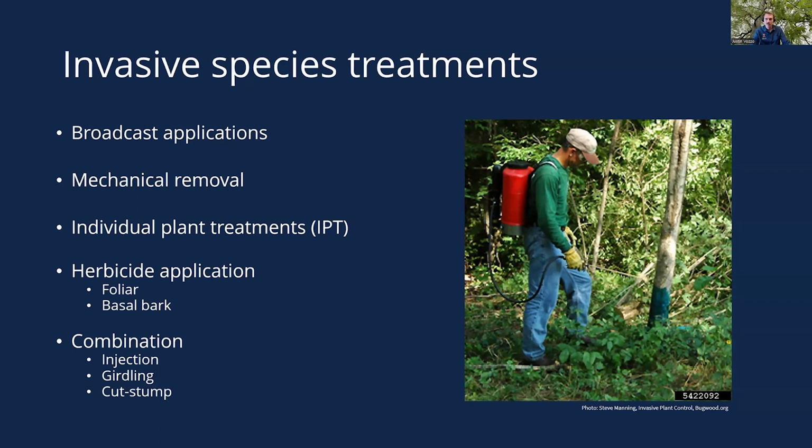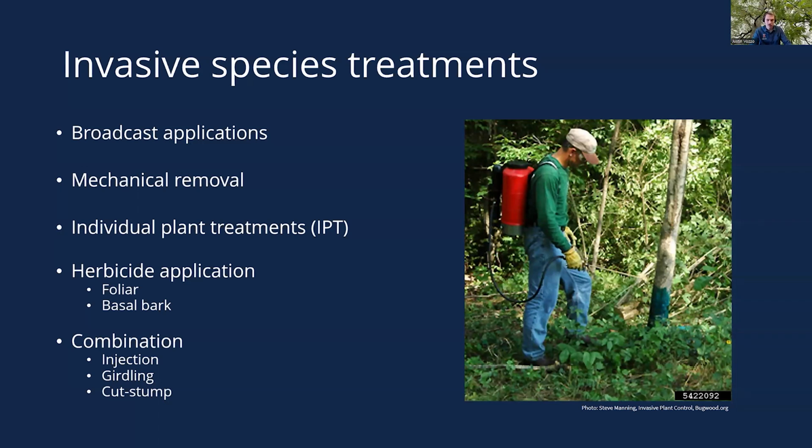But I just wanted to briefly mention again some of the invasive species treatments that we have to address some of these different species. Those include things like broadcast applications, maybe mechanical removal with something like a forestry mulcher. But then there are also a lot of individual plant treatments, which might be more applicable for a small crew or a homeowner who wants to address invasive species on their property.